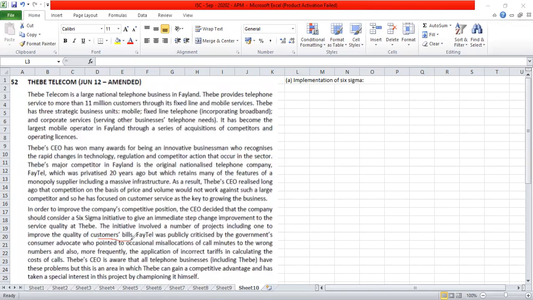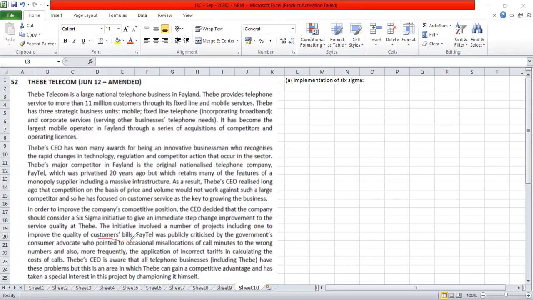So they have identified that by providing better services, they can grow in the industry. On the same note, we see that their main competitor Fatal has failed in the area of providing better services.